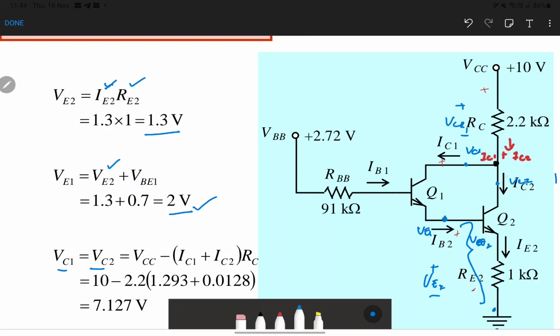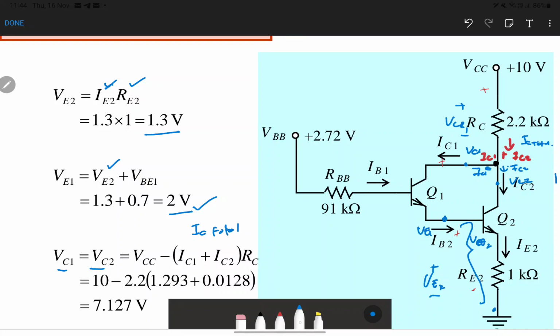So VRC, you need to find the total current entering the RC. So the total current is IC1 plus IC2, equal to the total current IC total.